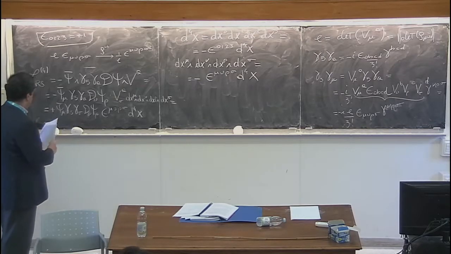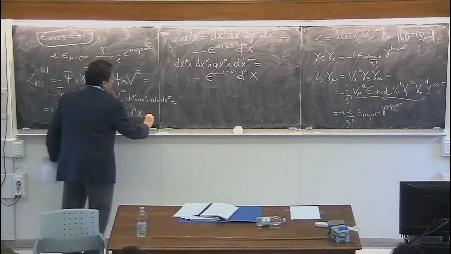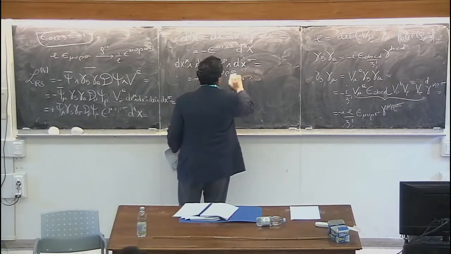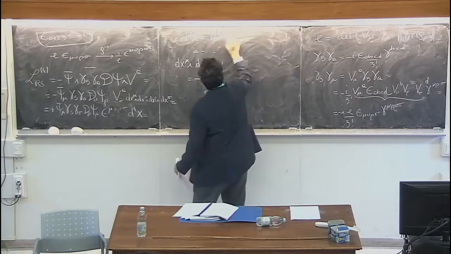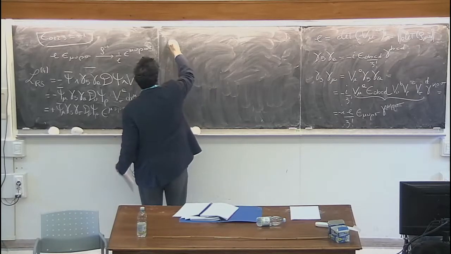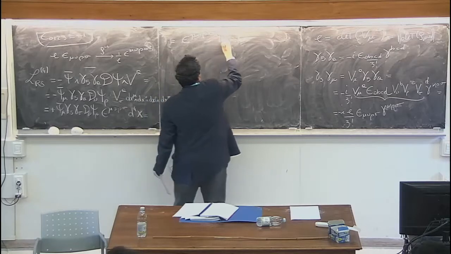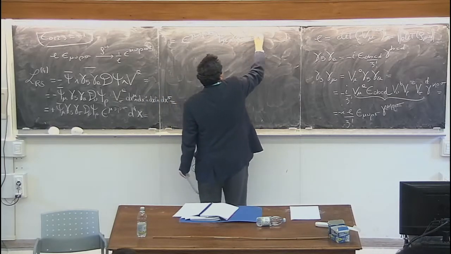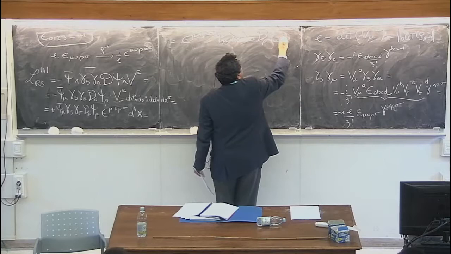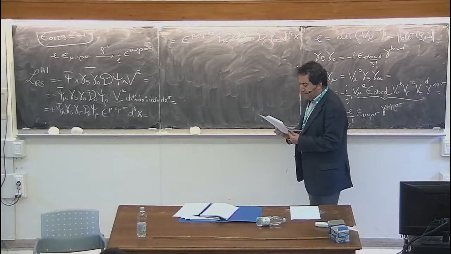And now we just take this sigma here, and then we write the action just as we wrote it before, namely epsilon mu nu rho sigma psi bar mu gamma 5 gamma nu d rho psi sigma d4x. And that's it.